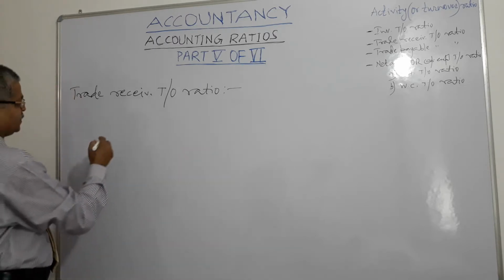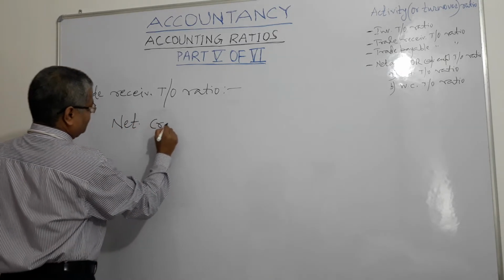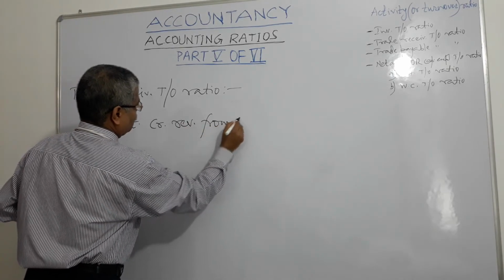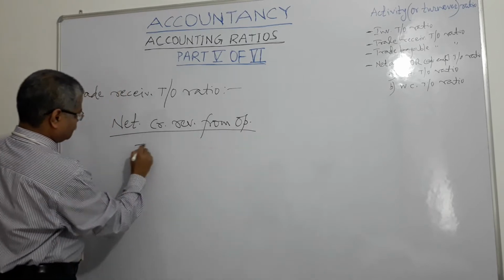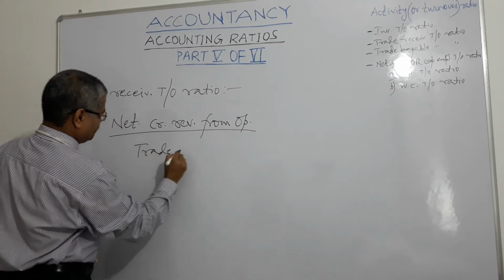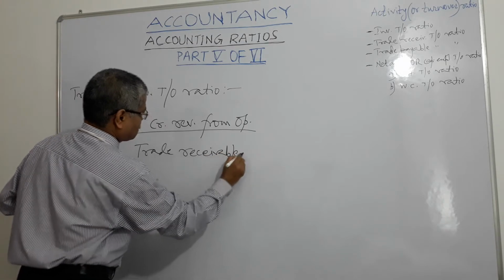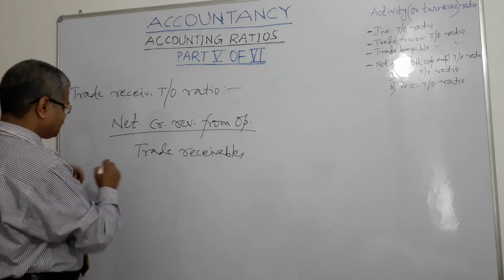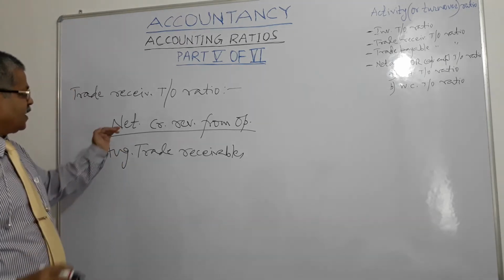The ratio is arrived at as net credit revenue from operations upon average trade receivables, right?